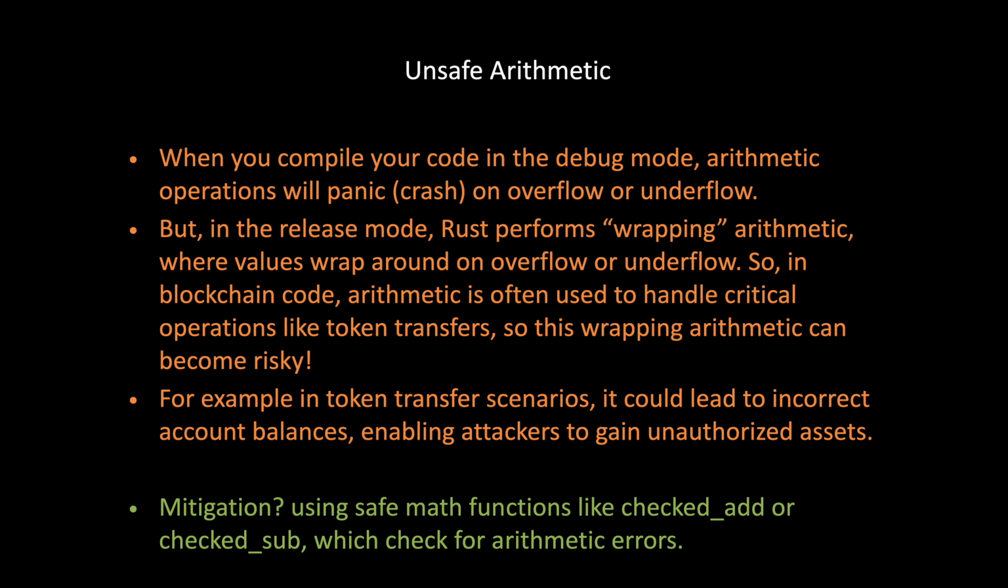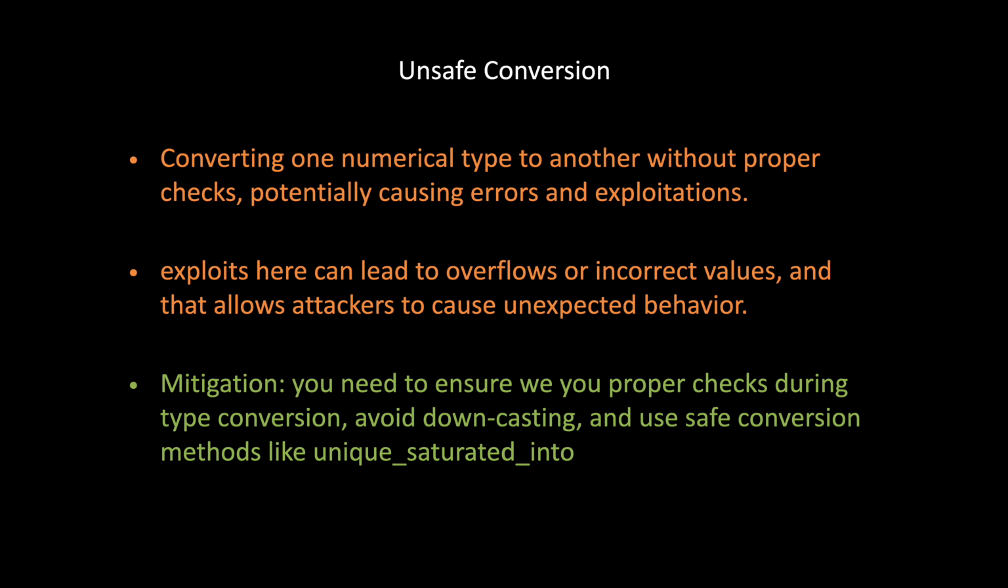On the other hand, it gives us wrong numbers, and that could be a critical and big problem because, for example, hackers can steal a lot of tokens or access unauthorized assets. Mitigation would be using safe functions like checked_add or checked_sub for arithmetic errors.